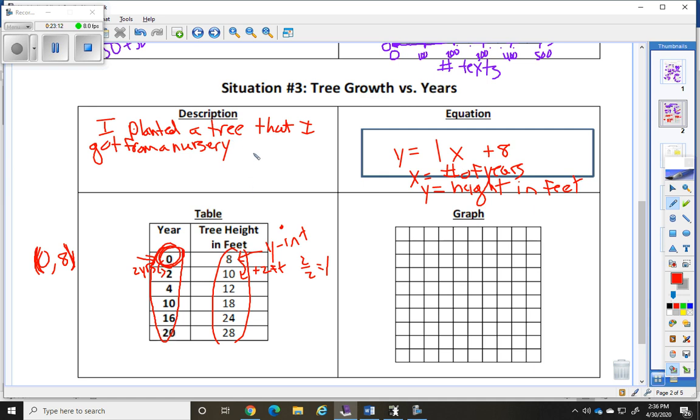Because it started at 8 feet tall. Then it grew at a rate of 1 foot per year.